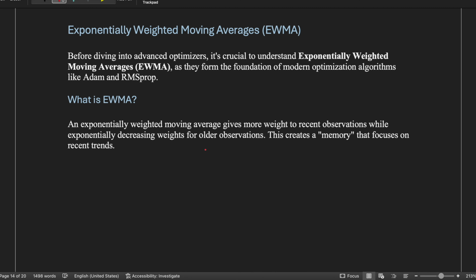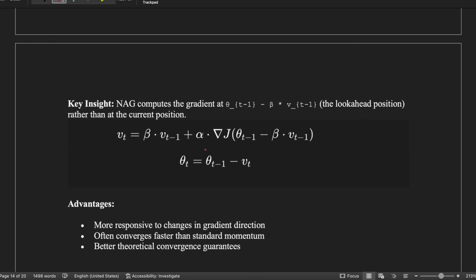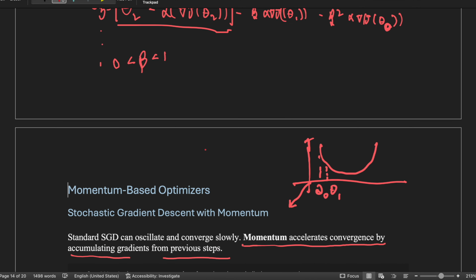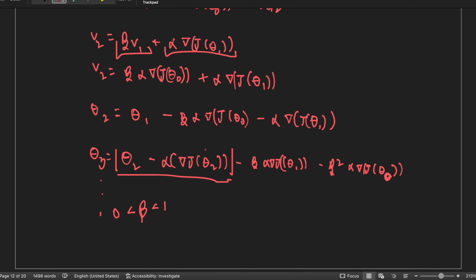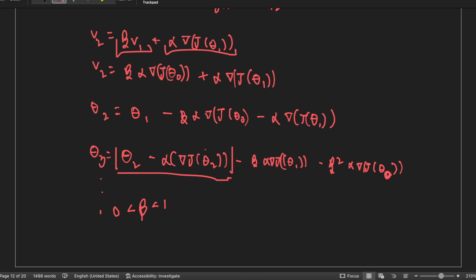Unexpectedly, I just told the same thing which we studied in momentum. The same thing is being taught here also: as we move further, we give lesser weight to the older values.